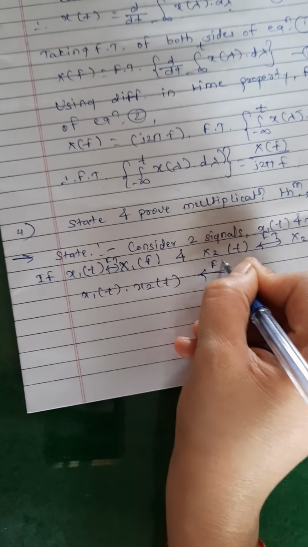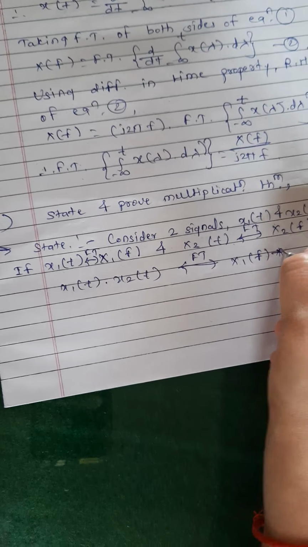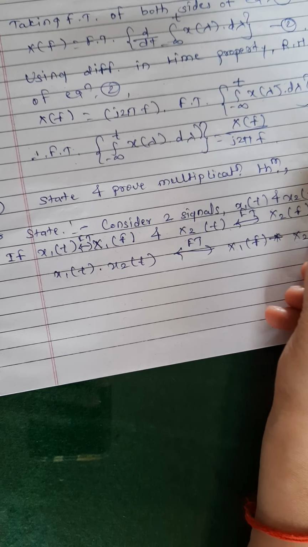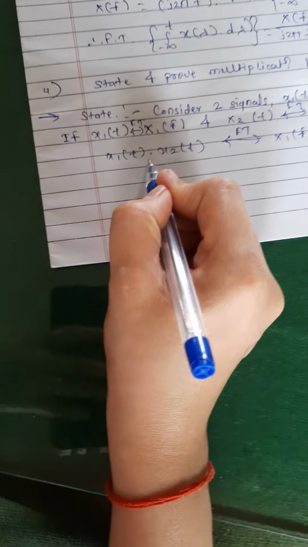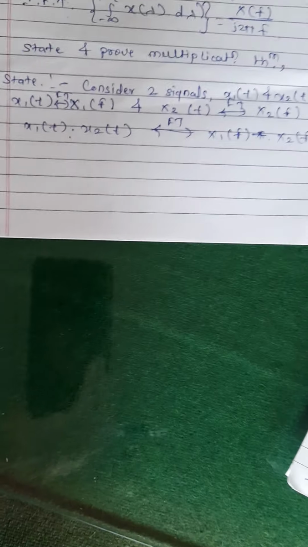Its Fourier transform is X1(f) and it is convolution X2(f). This is multiplication and this is convolution. So now we write down the proof for this.